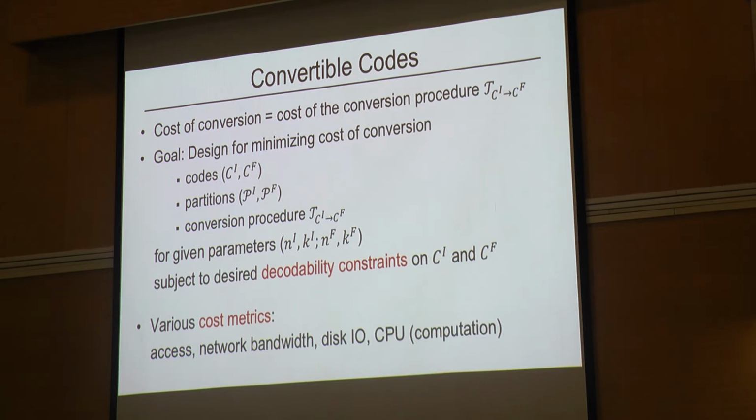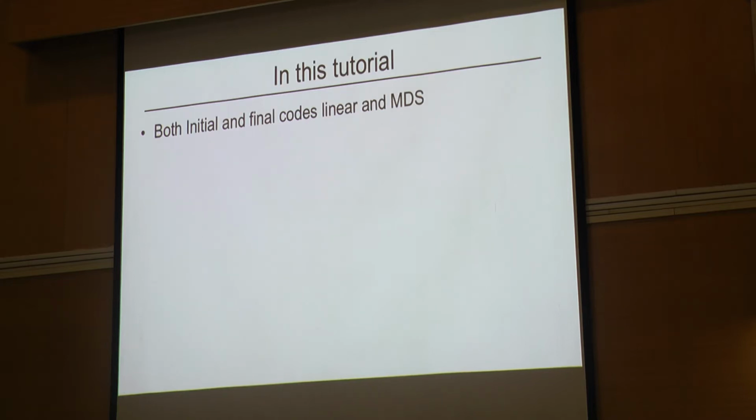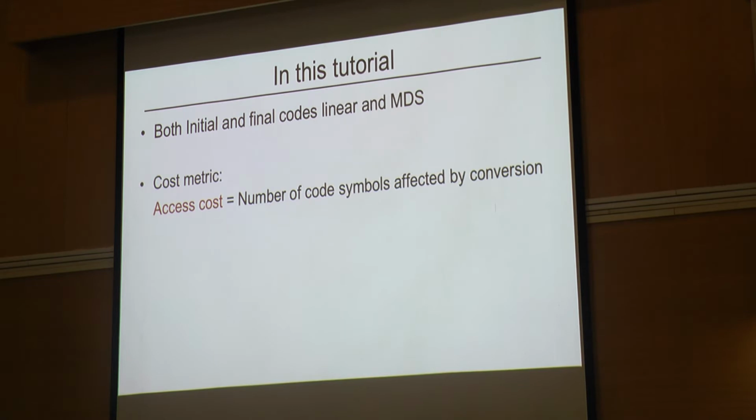So in this tutorial, as the first step in our exploration, what we have considered is both initial and final codes being linear and MDS. So we want both Ci and Cf to be linear and MDS. And the cost metric that we are focused on is access cost, which is basically the number of code symbols that you access in order to do the conversion procedure.